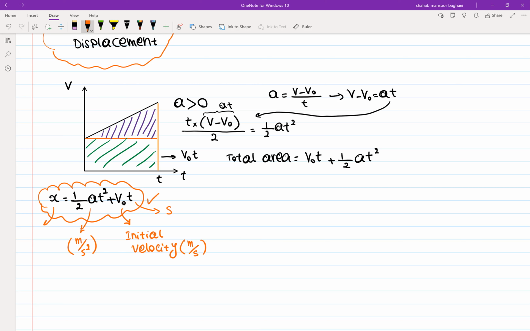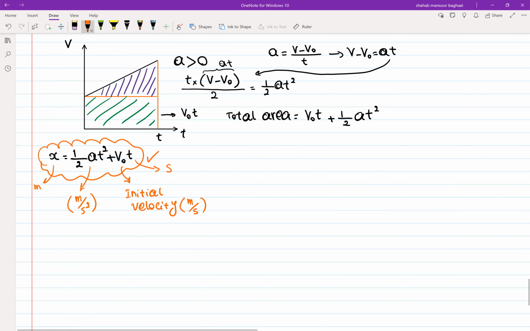And X is the displacement traveled by your particle from the beginning, in meters. Consequently, based on this equation, you can calculate the displacement traveled by your moving particle, which has acceleration. This is the second equation of accelerated motion. Very important. Pay attention. You have to use only the result, and we need it for many problems.